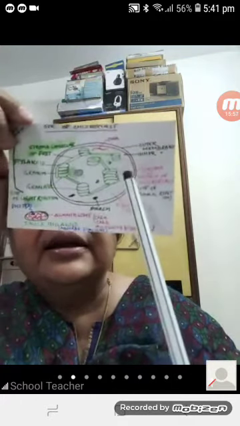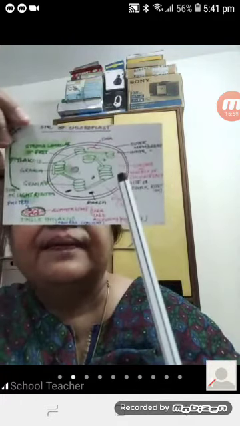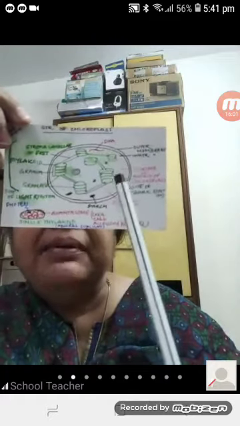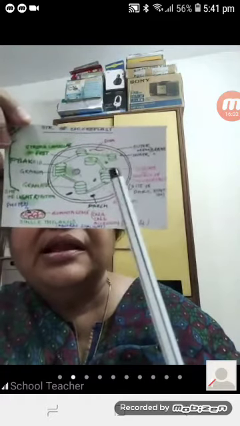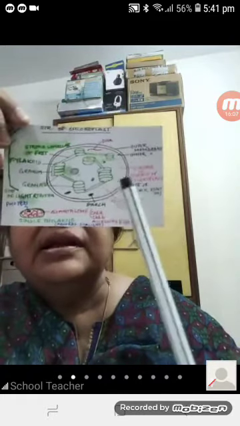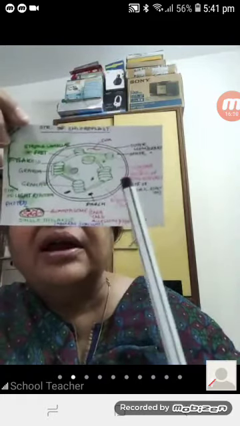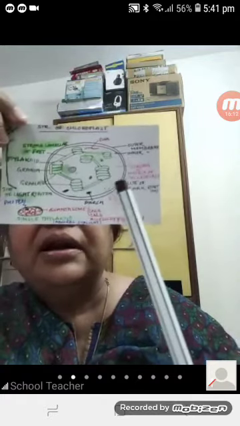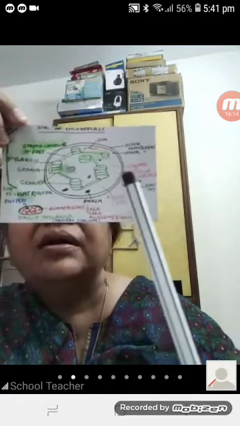Therefore, it contains enzymes. Enzymes for what? Enzymes for dark reaction. So what is the site of dark reaction? It is the matrix of chloroplast or stroma.